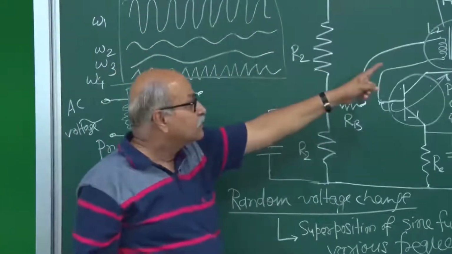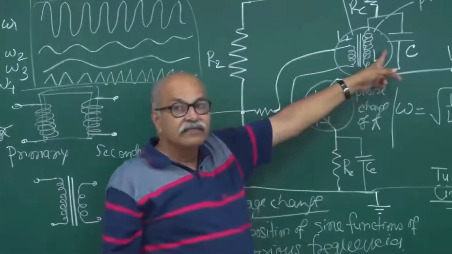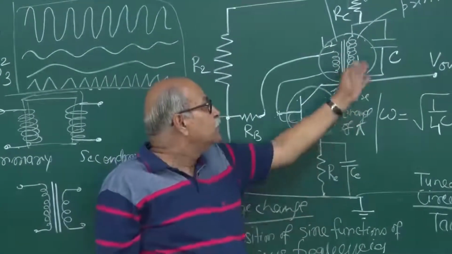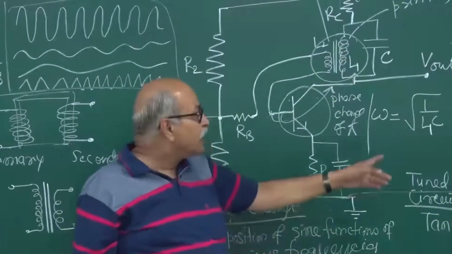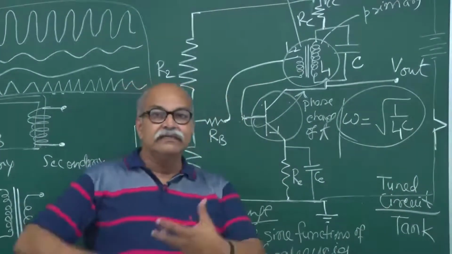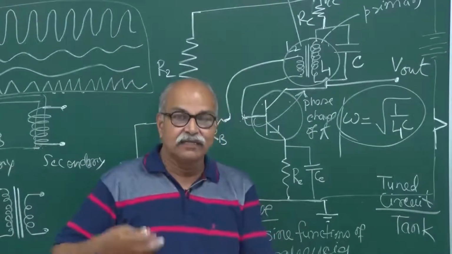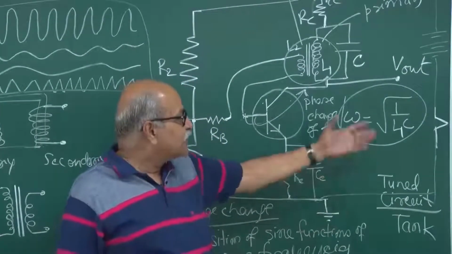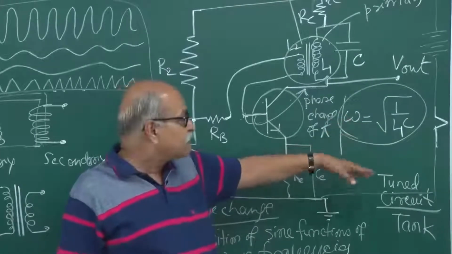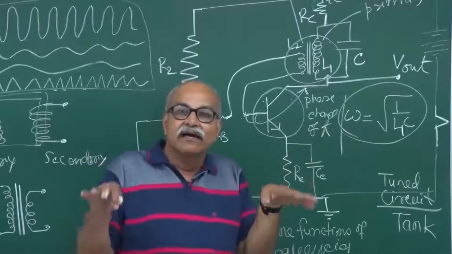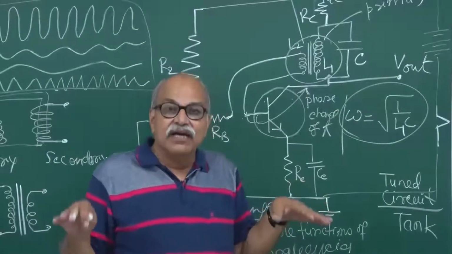But then this is a circuit where if the input going into it is at this frequency, then it oscillates with larger amplitudes. And if other frequencies come which are very different from this, those oscillations are of very small amplitudes.